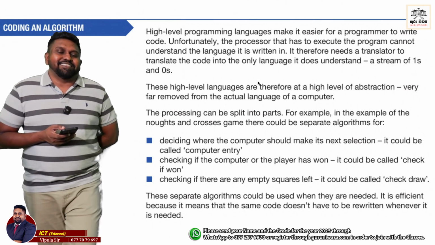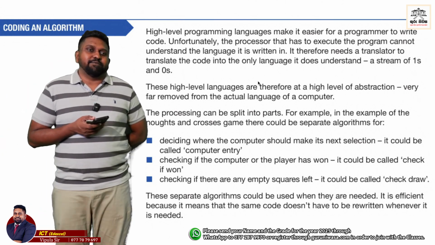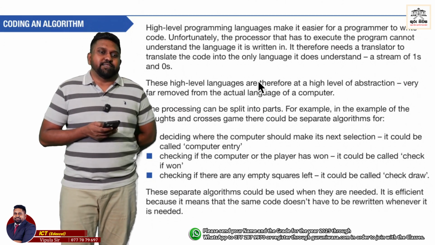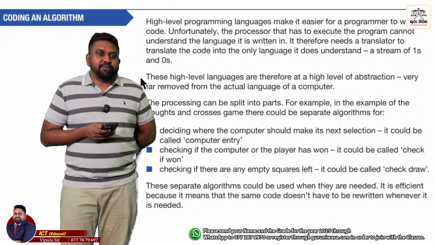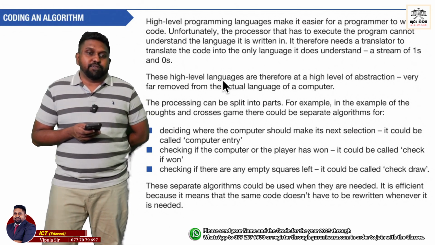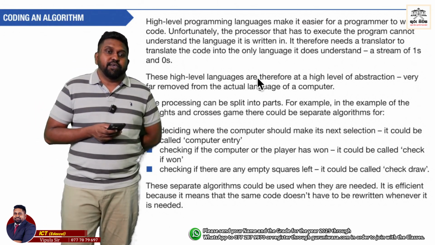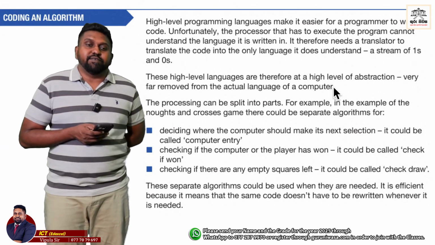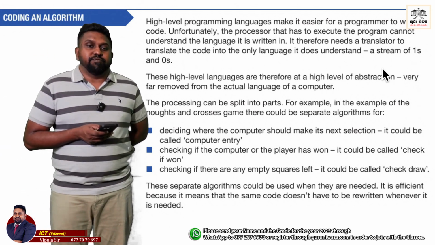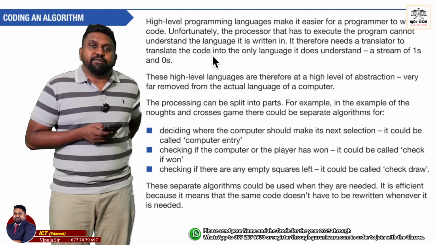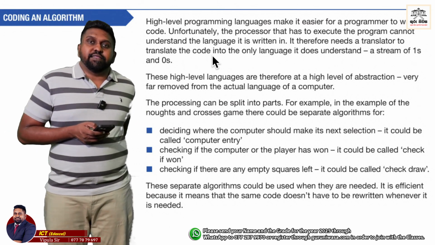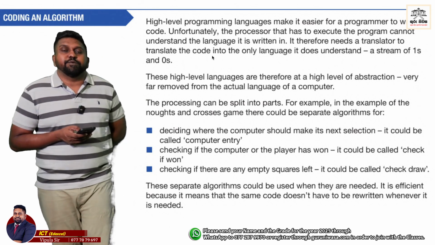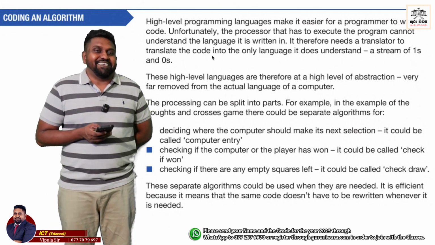Okay, so then the CPU will understand that code and it will start running the code. These languages are therefore known as working at a high level of abstraction, very far removed from the actual language of a computer, because they are working in a very high level abstract layer, so that it will basically make your life easier.